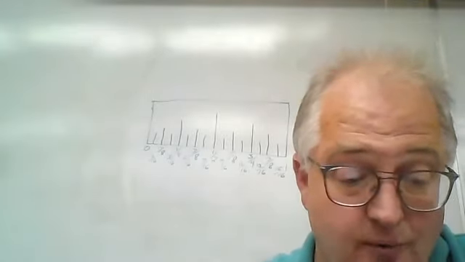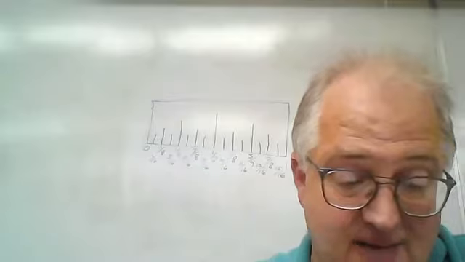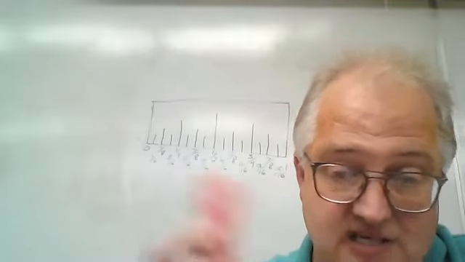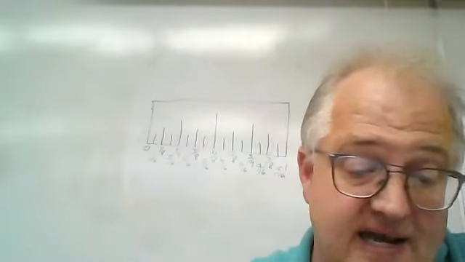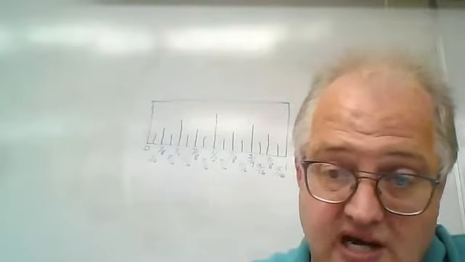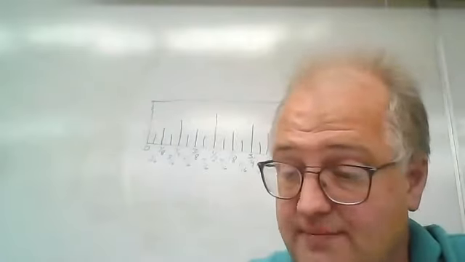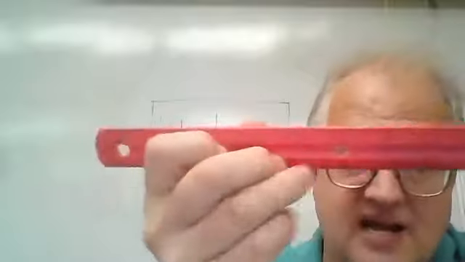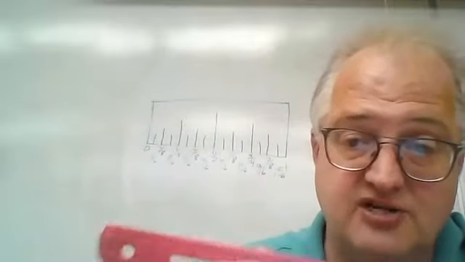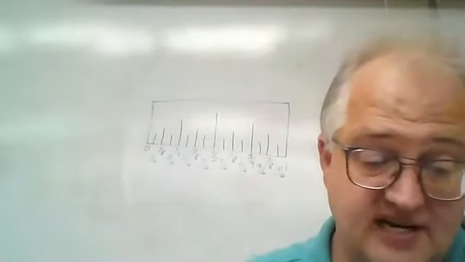So looking at this, I can see that this ruler is divided into 32 segments. So this ruler is a 32 scale, or a 1/32 scale.